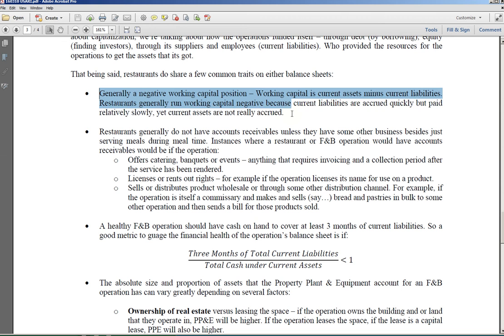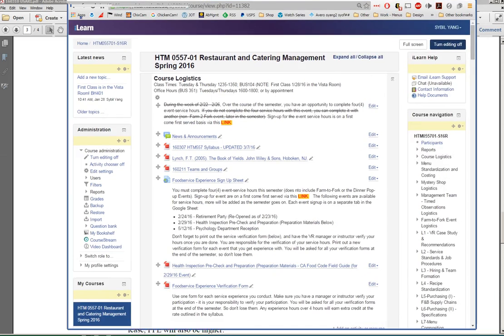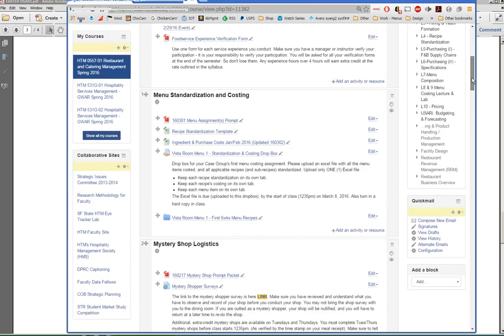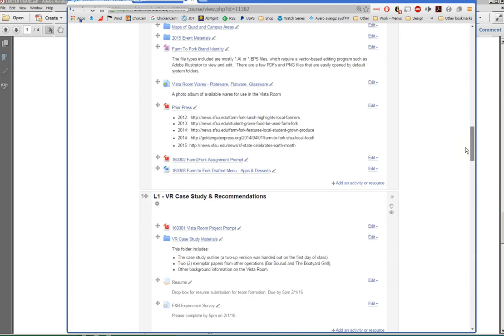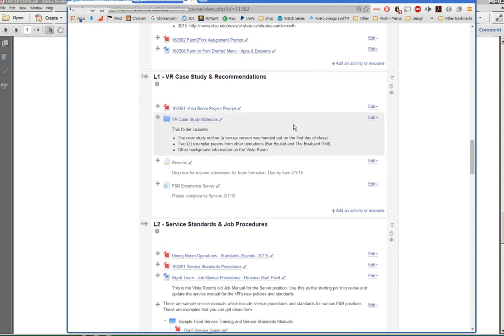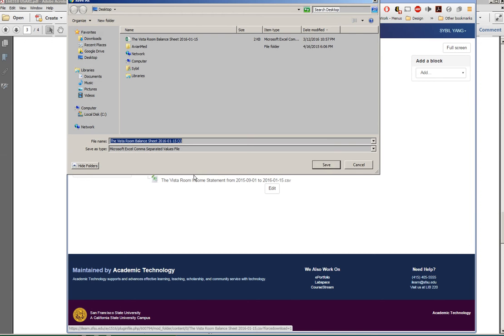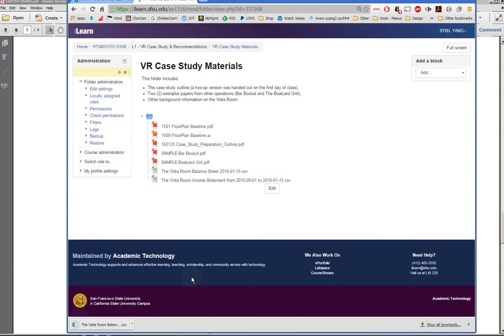So I'm actually going to do you guys a solid here, and we're going to walk through the Vista Room's balance sheet. I'm going to go to the case study materials that have been posted for the Vista Room. The income statement and the balance sheet have been posted, and I'm just going to download a balance sheet and open that up.